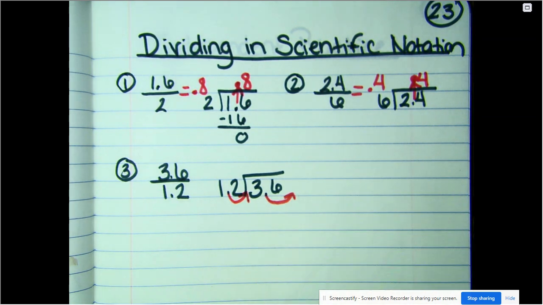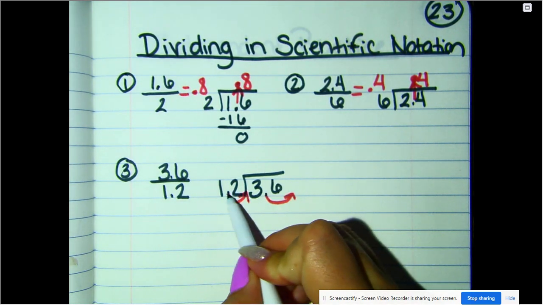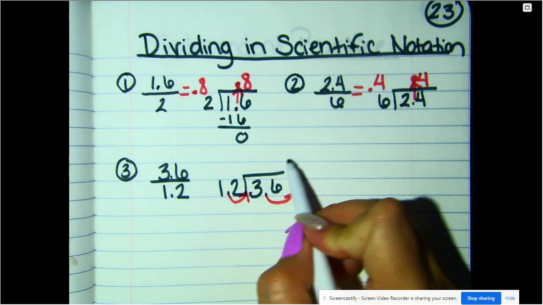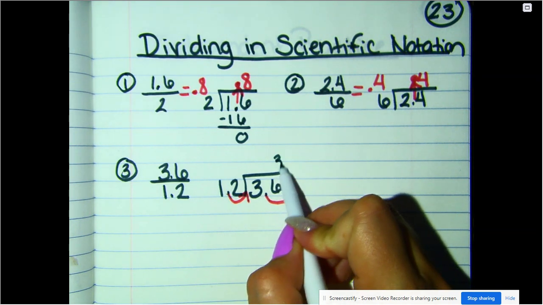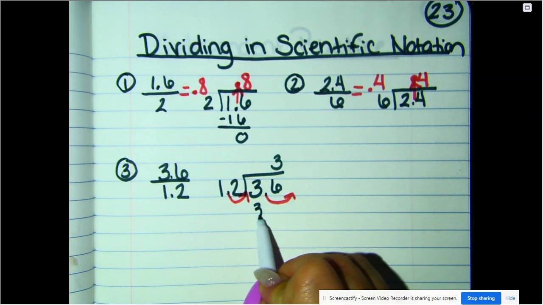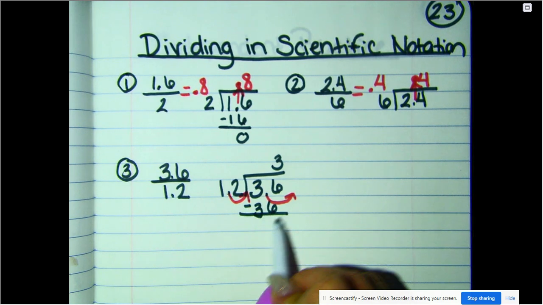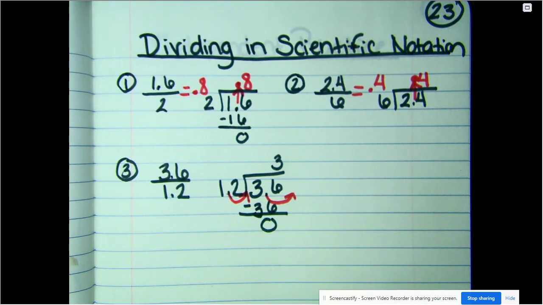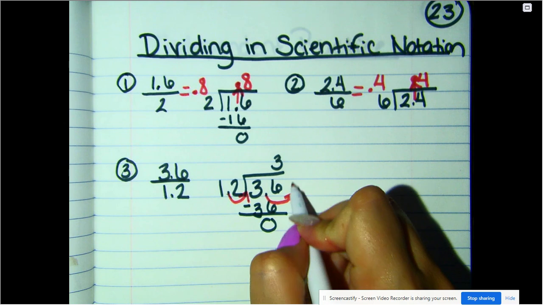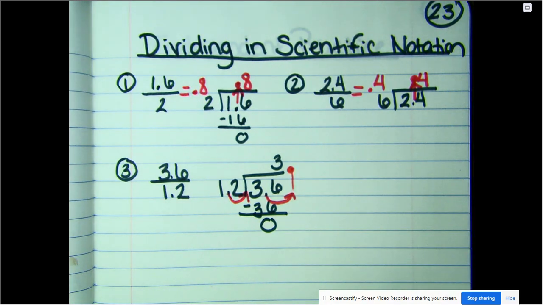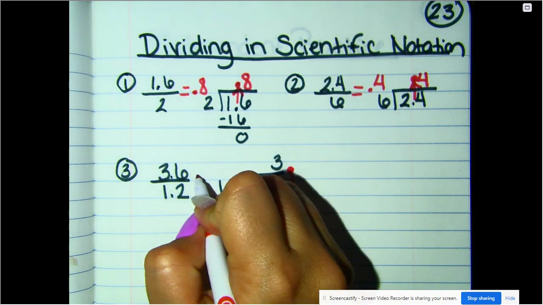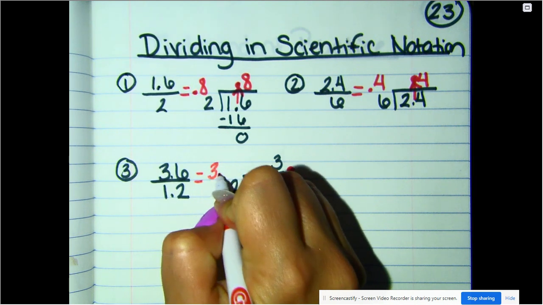So 12 goes into the number 36 3 times. And 12 times 3 is 36, so when I subtract those, I simply get 0. We're not going to forget about the decimal point that we moved, so my answer becomes 3.0, or just the number 3.